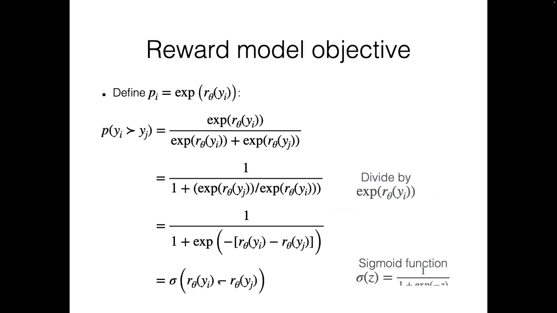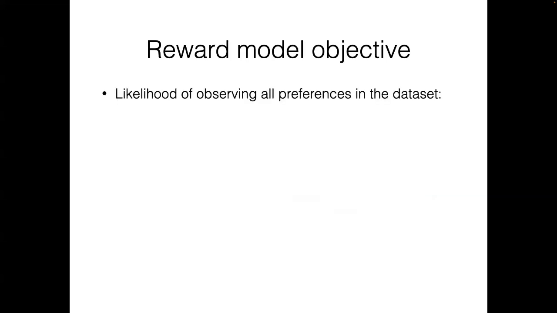So there's still one more step. Given that under this model, the probability that y_i is preferred over y_j is of this form, now we could try to maximize the likelihood of observing all preferences in our data set under this model. So we could write out this likelihood function, and it says across all the pairs in your data set, here's the probability.